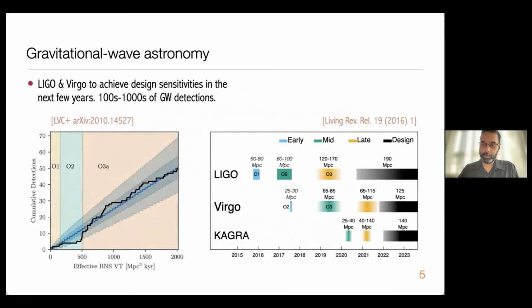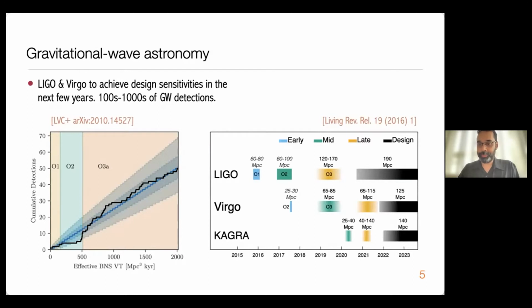There are also possible upgrades planned to install new detectors in the existing facilities. These are called the Voyager idea. And there are also long-term plans for building the next generation of gravitational detectors, both in the US as well as in Europe. This includes Cosmic Explorer in the US as well as the Einstein Telescope in Europe.